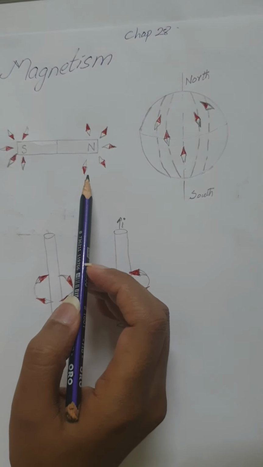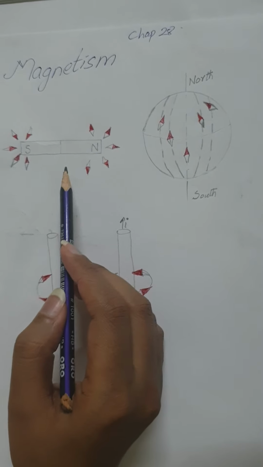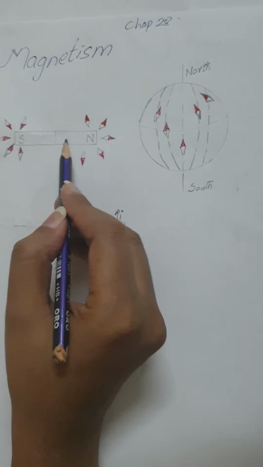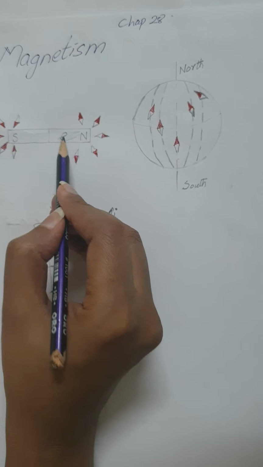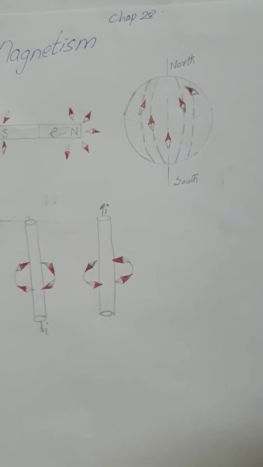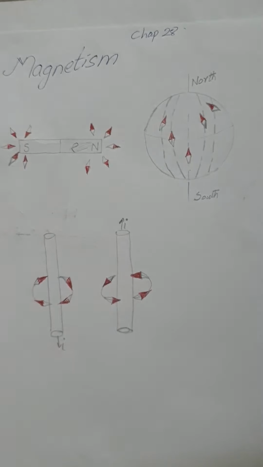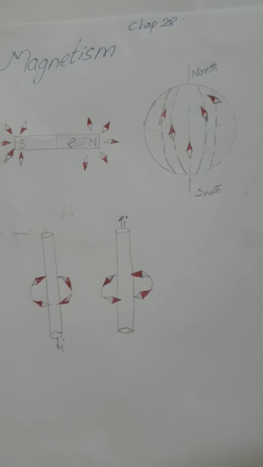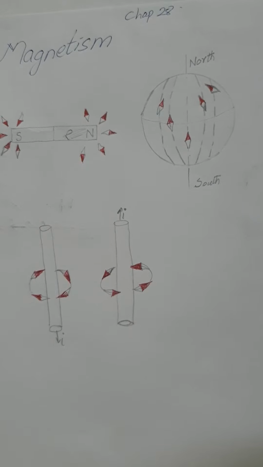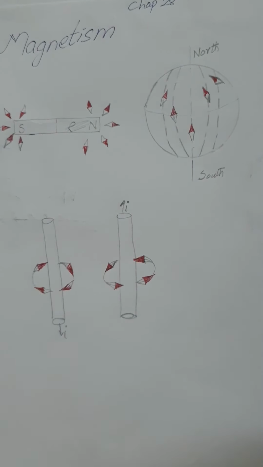Here, if one end of a bar magnet has been painted red, we paint this one as red. So this one shows that this bar magnet is north seeking on this side by convention, or simply we call this the north pole of the magnet, and the opposite end is the south pole.